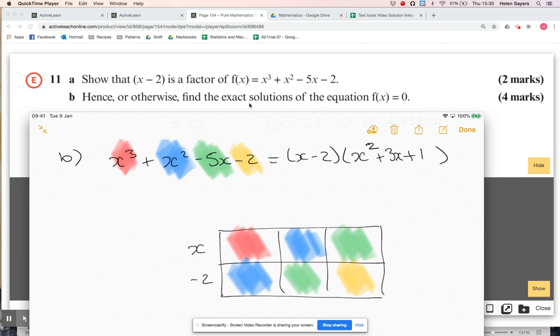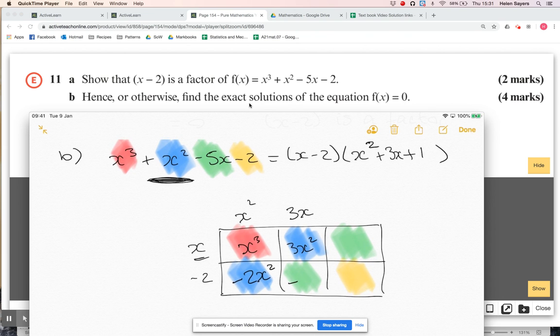So I need my x cubed term to be just x cubed. So that will need to be x squared. X squared times minus 2 will give me minus 2x squared. I need x squared, so I need to add 3x squared onto that. So that must come from x times 3x. Minus 2 times 3x gives me minus 6x.